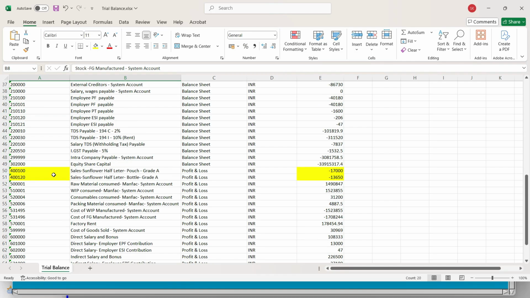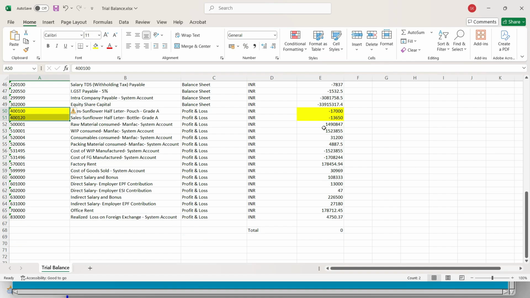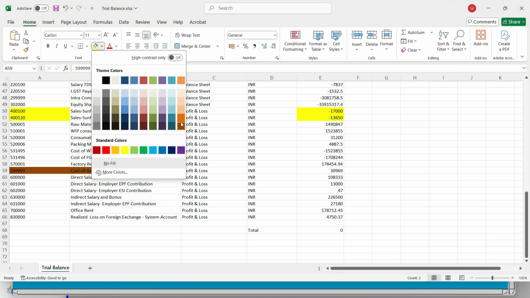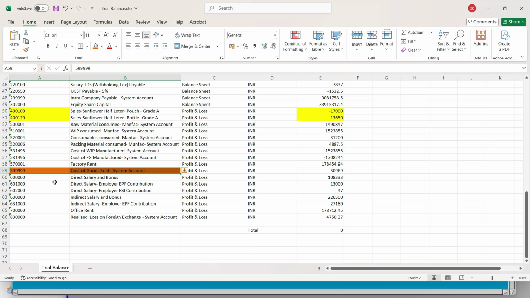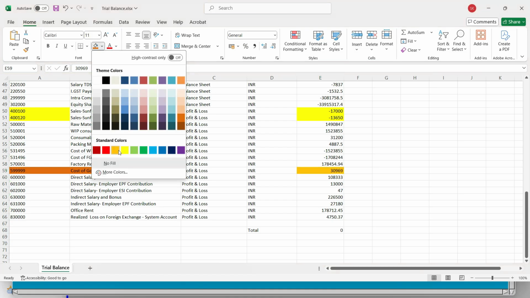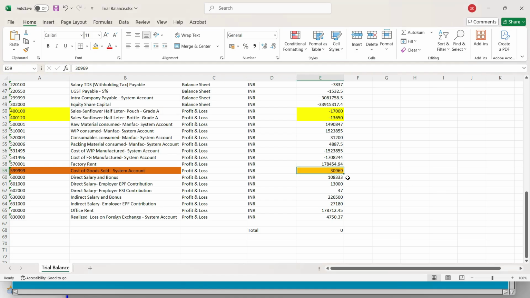But when you actually do the sale, the system automatically creates one more entry which is called cost of goods sold, which I'm highlighting here. You can see a GL called cost of goods sold system account. It has recognized a cost of 30,969. So you have income here and you have the corresponding cost here. So you have made a net profit of 319.